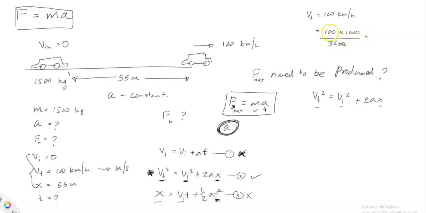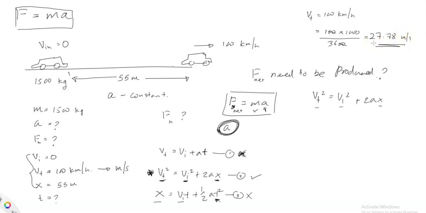So it cancels out. 1000 divided by 36, let's find out what the number is. 27.78. 27.78 meters per second. Alright, so this is V final.